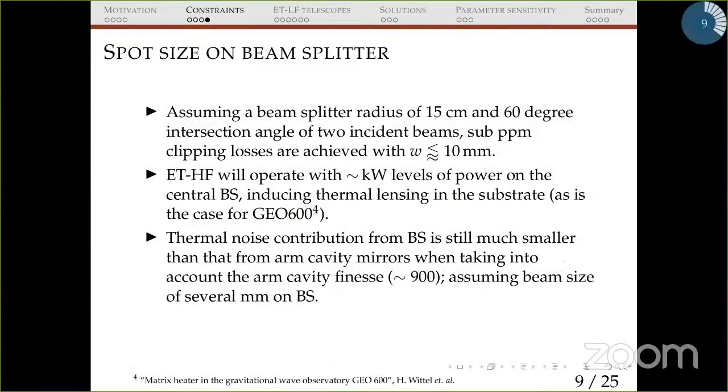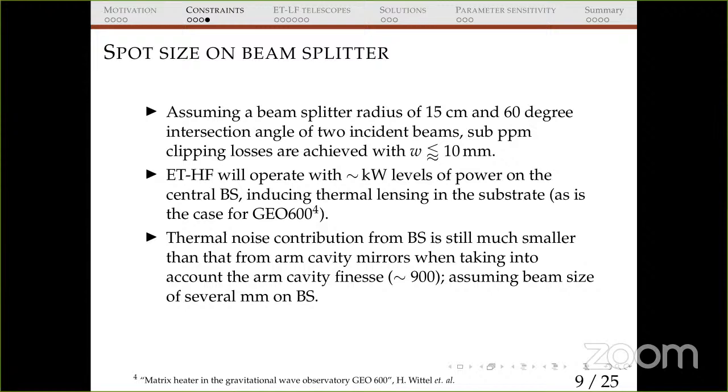So another constraint to consider, which is a little more loosely defined at this stage, is the beam size on the beam splitter. Here I just give an approximate upper limit for what this could be for a given beam splitter radius to avoid clipping losses that are too large.